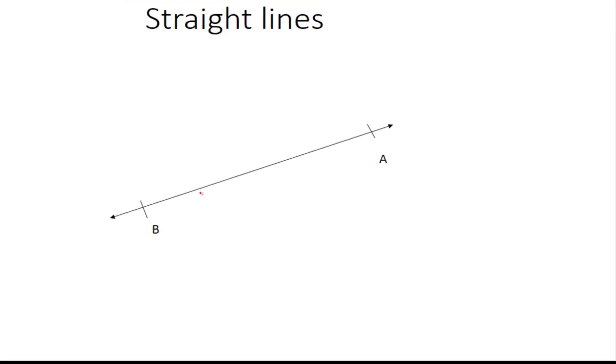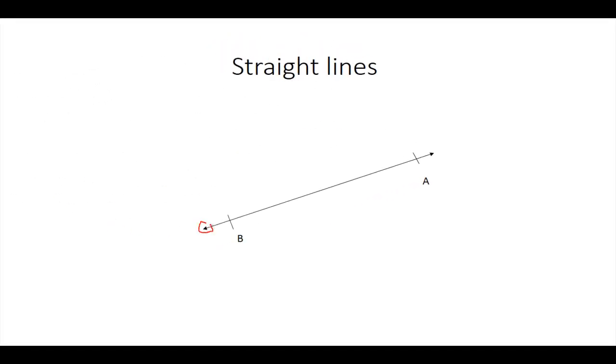So the straight line is represented by this arrow from this direction and another arrow from the other direction to show the straight line has no limits, no starting point or ending point. So the straight line AB is represented by this form.